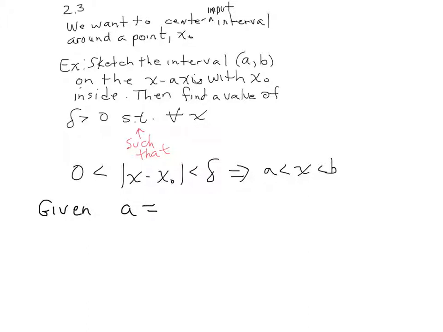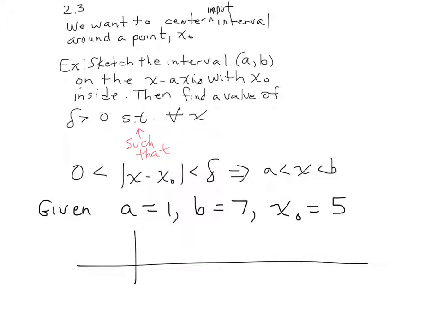So if you're given a equals 1, b equals 7, and x naught equals 5, well, the first thing I probably would do is draw number lines. So 1, 2, 3, 4, 5, 6, 7. And so I'm in this interval here from 1 to 7.